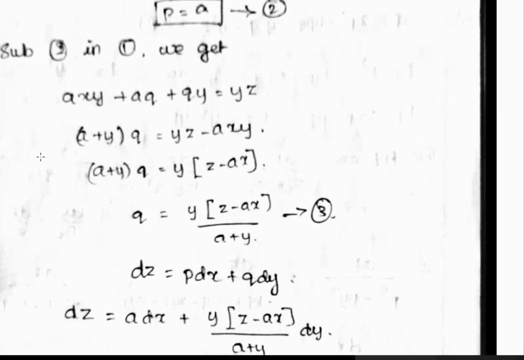Taking the q terms to the left hand side, aq plus qy, and plus axy goes to the right means minus axy. You take the y term common out, y into z minus ax on the RHS. And similarly, taking the term q common out, the remaining left out term is a plus y. You take that value to the denominator.